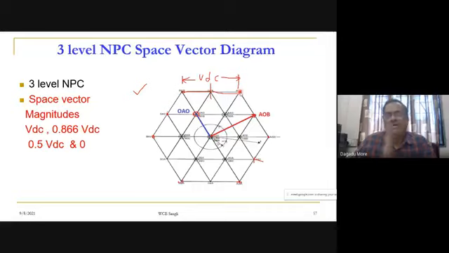If it is 3 level, you divide it into 2. If it is 5 level, divide this VDC into 4. So on each side you divide VDC into 4 for 5 level, or into 2 for 3 level.